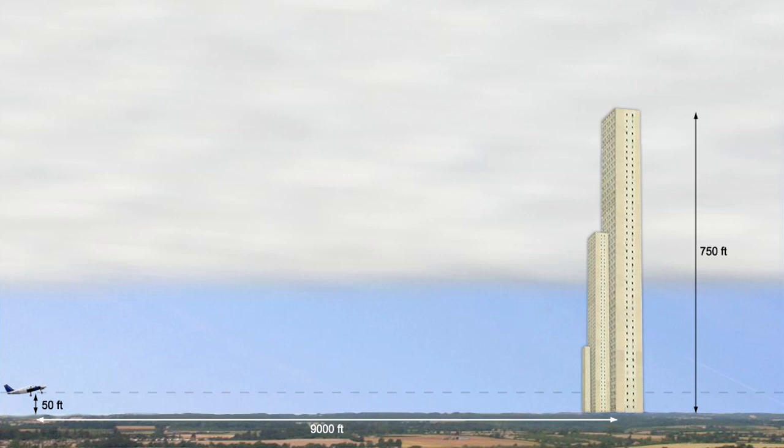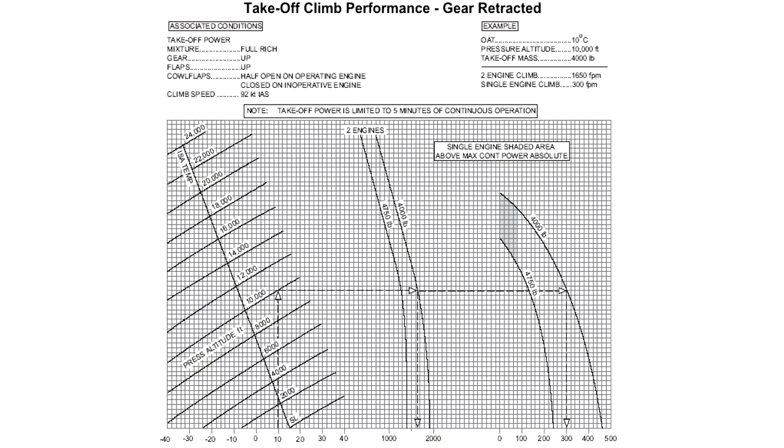This gradient can be extracted from a graph or table in the aeroplane flight manual. On screen is an example climb graph for a multi-engine Class B aeroplane. This graph can be found on page 13 of section 3 in CAP 698.